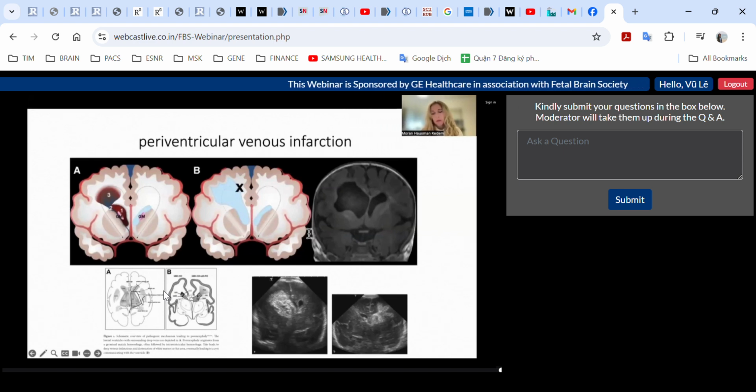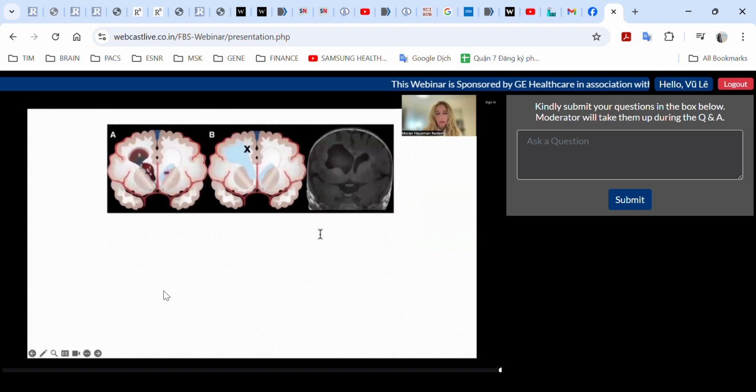In ultrasound, the parenchymal lesion at first looks like a triangular fin-shaped periventricular hyperechoic lesion, also called the iris sign, and then secondarily grows to join the ventricles, finally merging into the original germinal matrix hemorrhage. And this can occur from a few hours up to a few days after the initial germinal matrix hemorrhage.